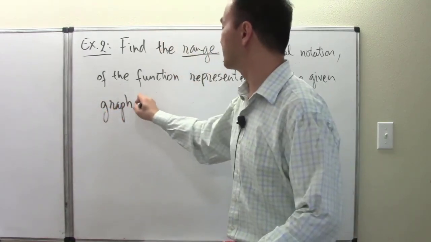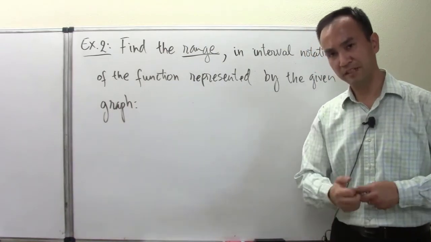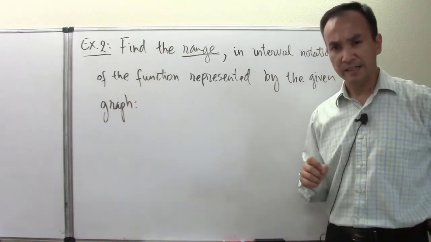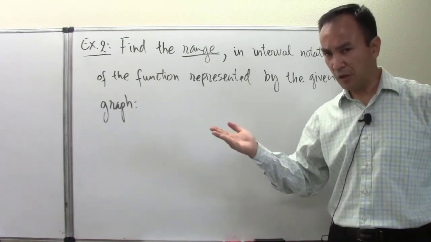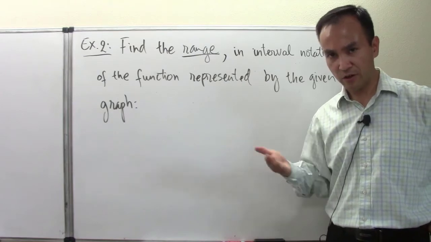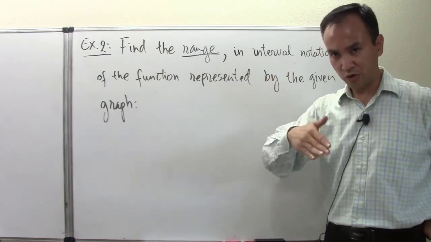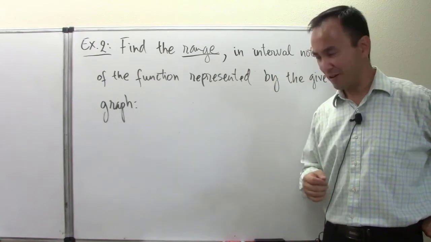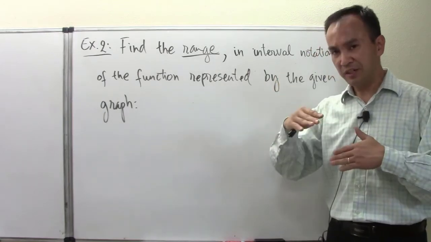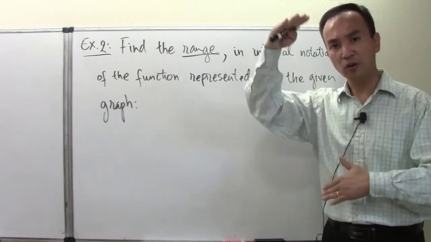All right, and so now the plan for this example is just like what I did in example 1. We're going to look through a few different graphs, and each one of those graphs is the graphical representation of a function. Those are parts A, B, and C. From each of those graphs, we're going to be looking at the range, the vertical spread.